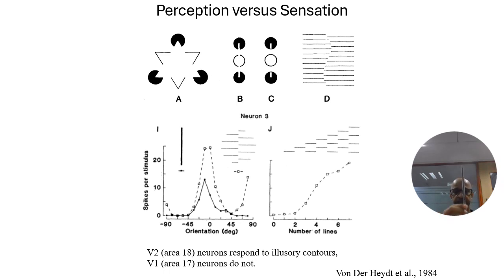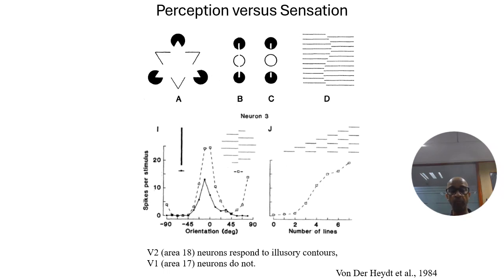That is, if this line is vertical, there will be some neurons in your brain that will respond to this vertical line. There will be other neurons that respond to horizontal lines, and then yet other neurons that respond to lines at different angles, right? Now, those neurons in the primary visual cortex will respond only to these lines at different orientations.